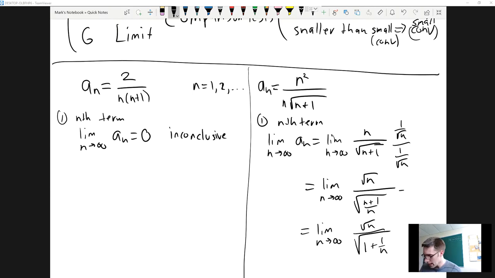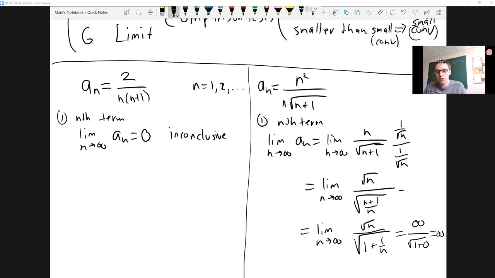And notice, as n goes to infinity, that looks like the numerator is going to approach infinity, and the denominator is going to approach root 1 plus 0, which is 1. And so the terms in this series are actually growing.